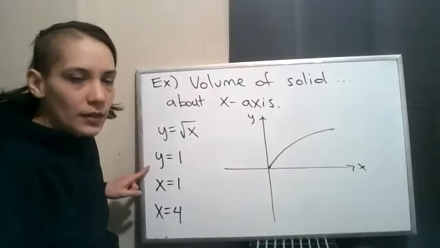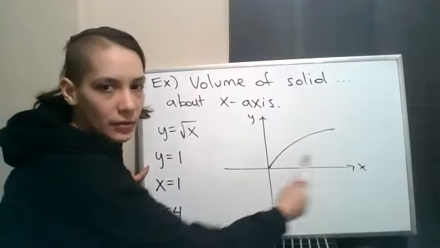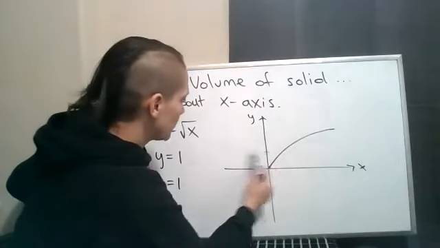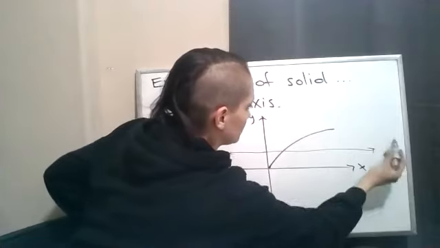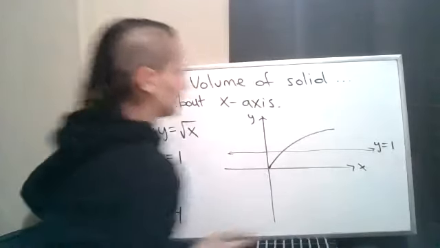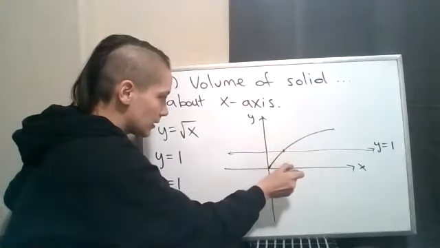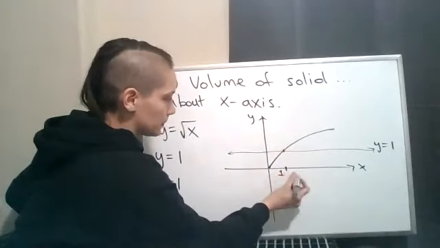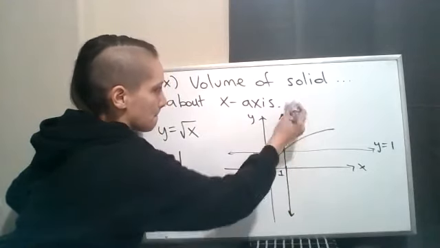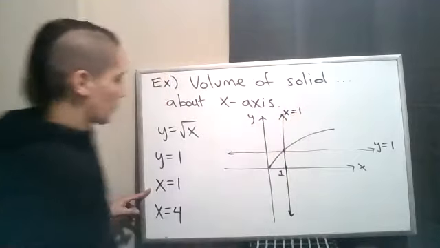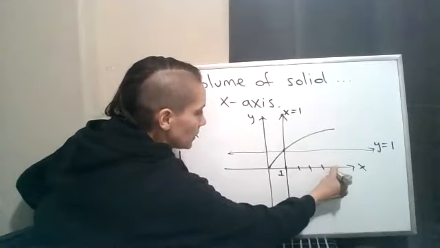Okay, we're here. y equals 1, which means x can be any number, but y has to always sit right at 1. So that's going to go through here. x equals 1 is right here. And then x equal to 4. 1, 2, 3, 4.